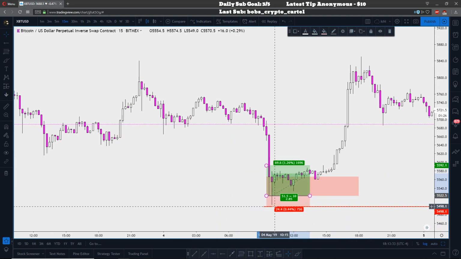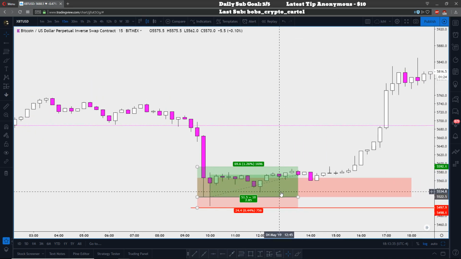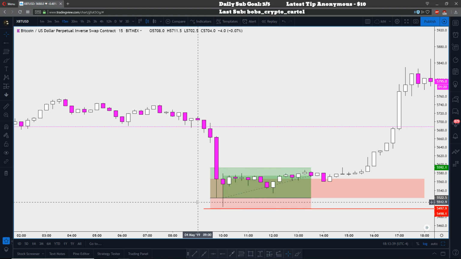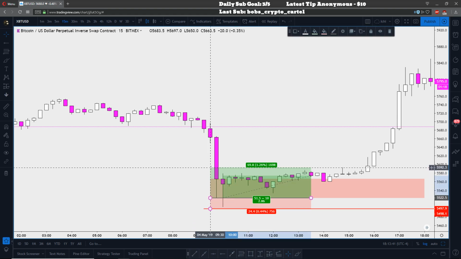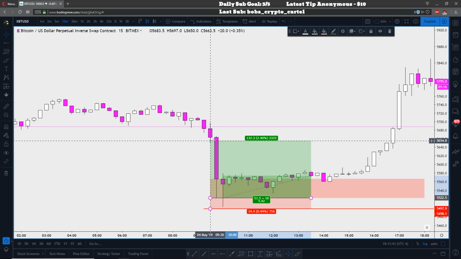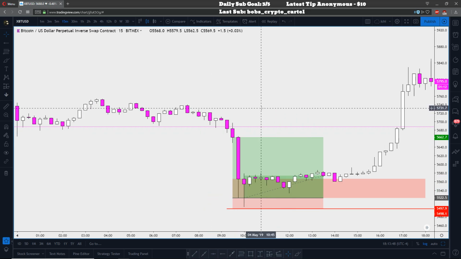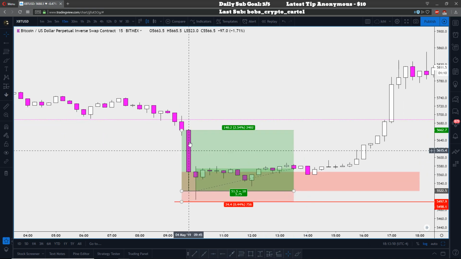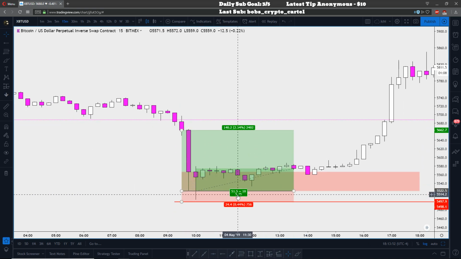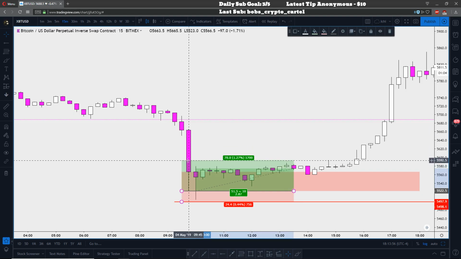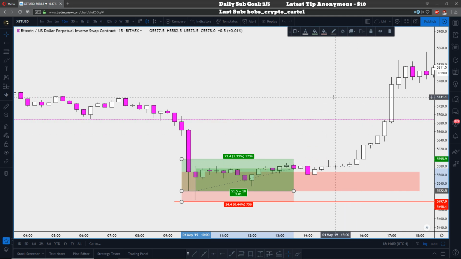I typically always use limits. I don't market these. You place your stop loss once it retraces below the wick. And then you target an R to R setup or whatever setup you like to target, like dojis or lows, highs. So if you would have targeted a full retrace of this impulse, you would have gotten almost a 6-to-1. If you would have just done an R to R setup and did a 3-to-1, you would have been filled on this breakout here.